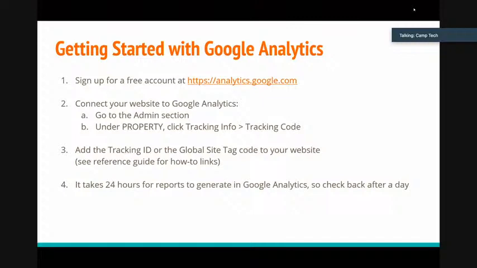You need to add that code to your website at the very top of the site's code so that it tracks every page. That's why people use the global site tag, because it means you don't have to tag every page separately. It will just track everything for you.